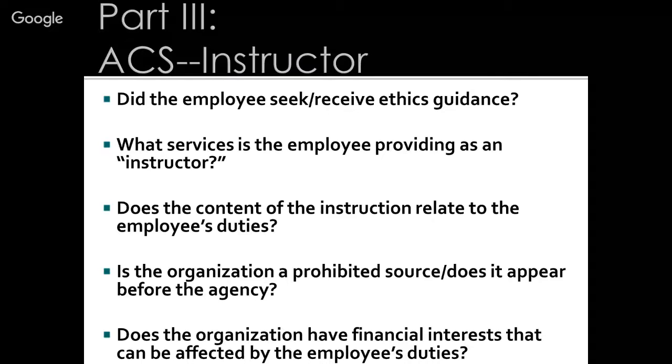And one of the things I want to highlight too, with respect to this particular activity, is that anyone who's familiar with 807 knows that there is a carve out for teaching certain courses, so the restrictions aren't quite as expansive for certain kinds of teaching. But what I want to remind folks, the danger in that is that in that provision of 807, that carve out is really for teaching that occurs at institutions of higher education or other qualified institutions.